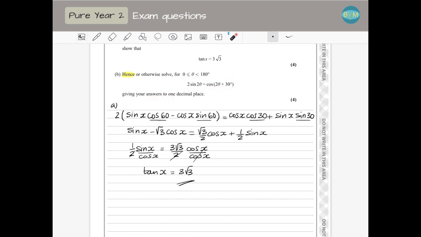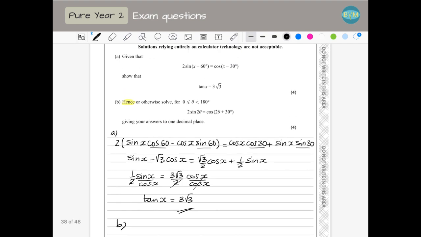So if we use what we know, this equation and this equation are the same, just with 2 theta equal to x minus 60. Because when we do x minus 30, we get 2 theta plus 30. And so we know the solutions to this equation are this one. So the solution to this equation is going to be the same, just with x as a different thing.